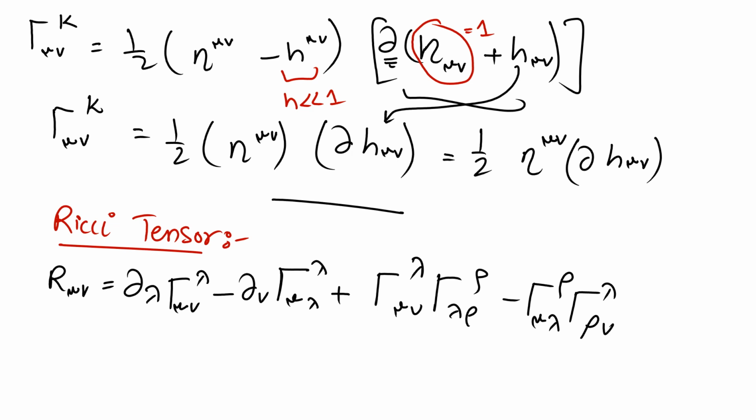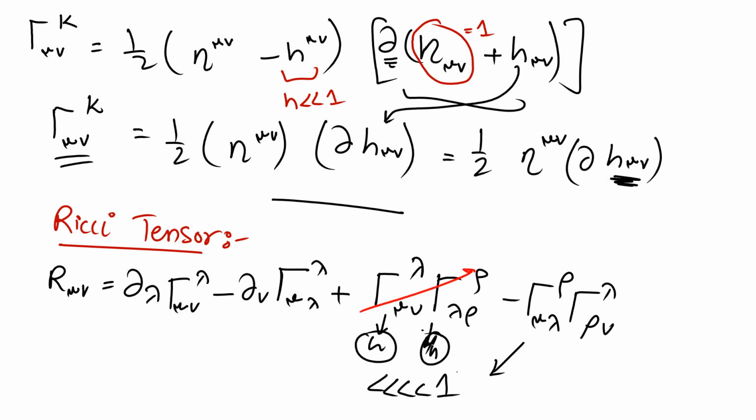I just now explained that this term is a combination of this. I understand that this is one h, which is already small. This is another h. The derivative of a very small term multiplied by the derivative of another small term becomes really much less than 1. The same case goes here. So these two terms can be ignored.